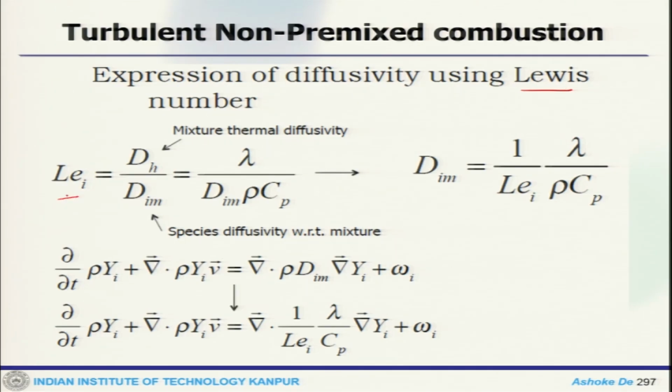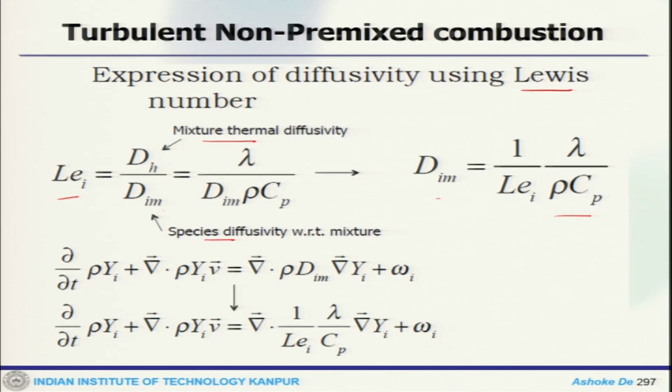So, the Lewis number for an individual species would be the mixture thermal diffusivity divided by the species diffusivity with respect to the mixture. Now, it is lambda by Dim rho Cp. So, Dim is 1 by Le_i times lambda by rho Cp.